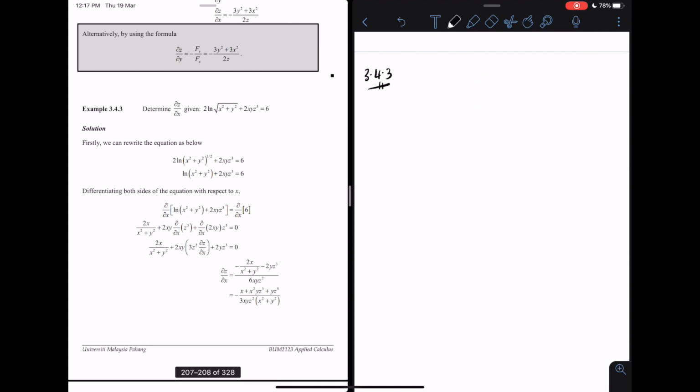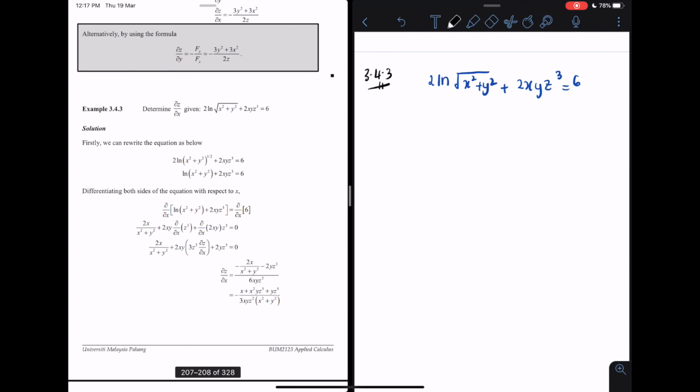3.4.3. Okay, you have been given this question: x squared plus y squared plus 2xyz cubed equal to 6. I will show all of you method 1 and method 2.